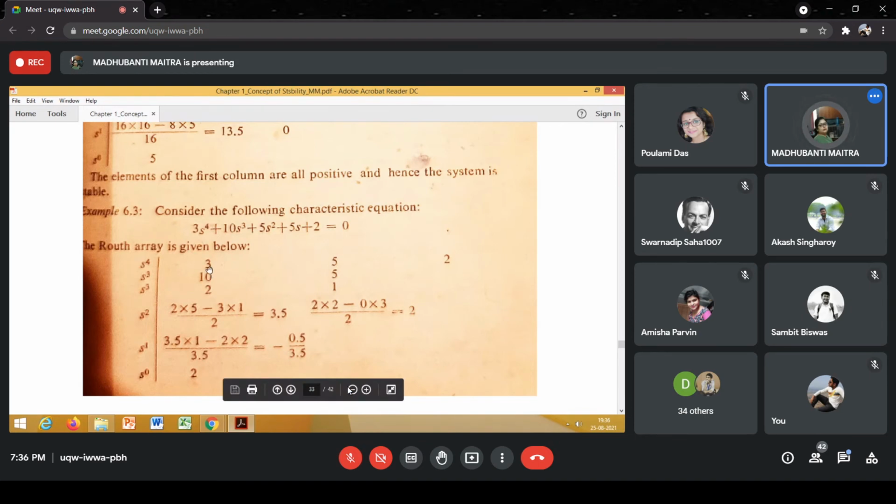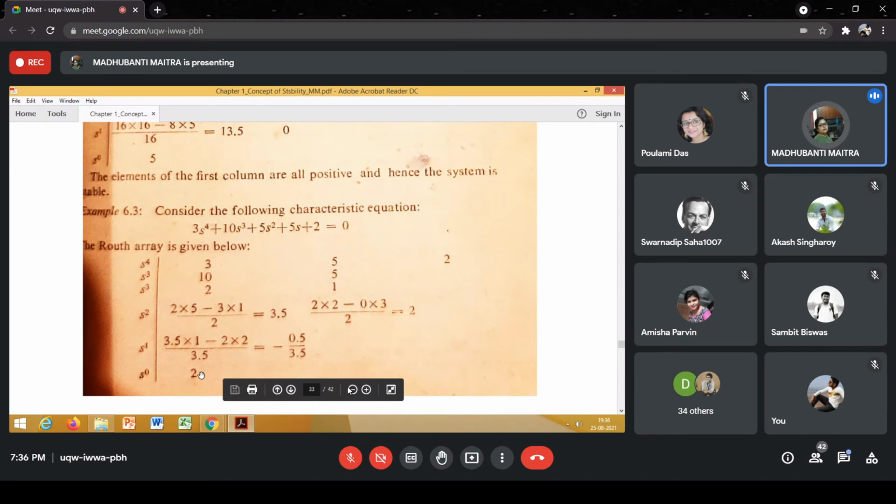Here you see positive, positive, positive, then negative. One sign change from 3.5 to minus 0.5 divided by 3.5. So first sign change, try to follow the cursor, and then again from negative to positive. So second sign change, right?